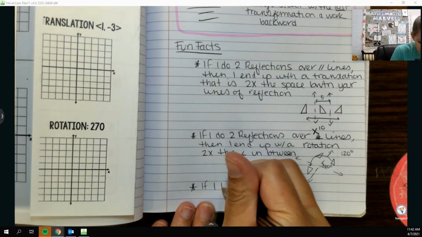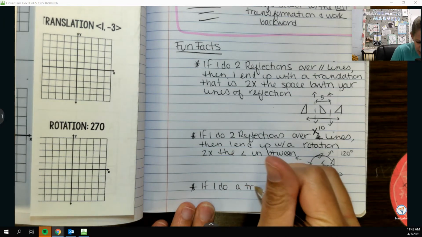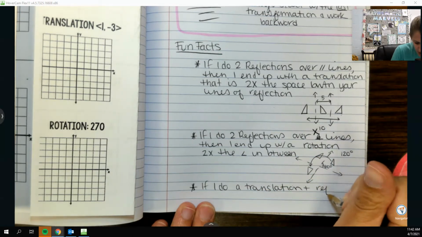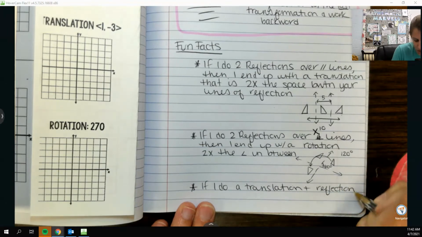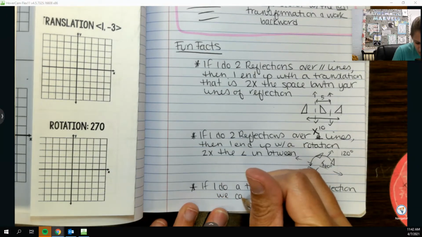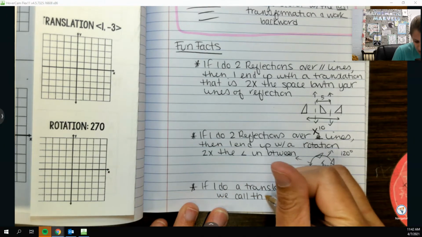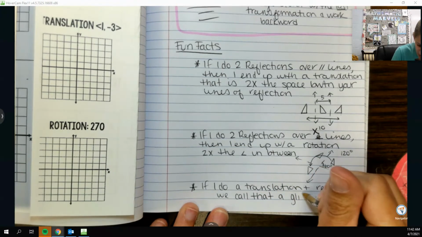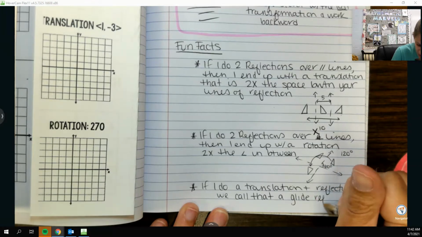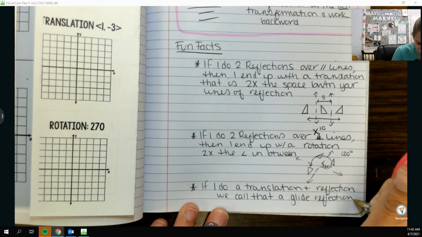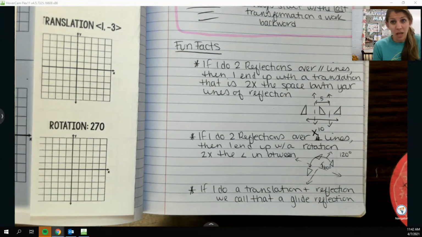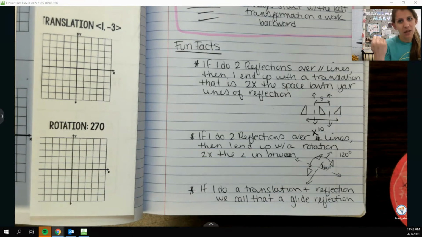So if I do a translation plus a reflection, and it kind of doesn't matter the order, we sometimes call that a glide reflection. I don't know why they change it to glide, but just in case you see it and you're like, what the heck? A glide reflection is just a translated and then reflected thing.